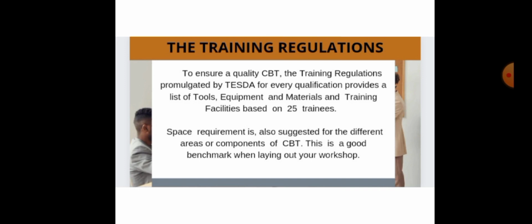As you can see on the training regulations, you can find the list of tools, equipment, and materials and training facilities based on 25 trainees. By that, you can create a workshop layout because it is easier to assign the different component areas of CBT and also the learning resources.